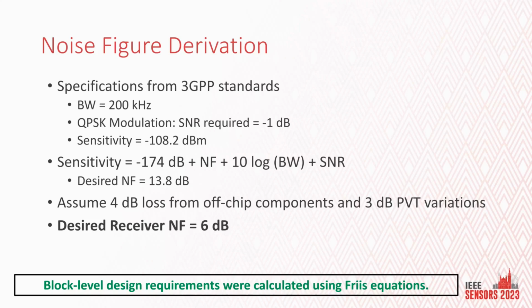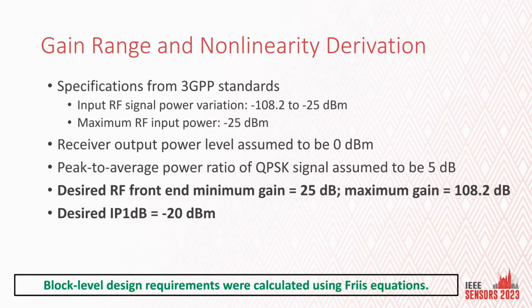This allows us to directly calculate the desired noise figure, which was calculated to be around 13.8 dB. And obviously, from the components and process voltage temperature variations, we'll always get some loss. Taking this loss into account, the desired receiver noise figure was calculated to be around 6 dB.